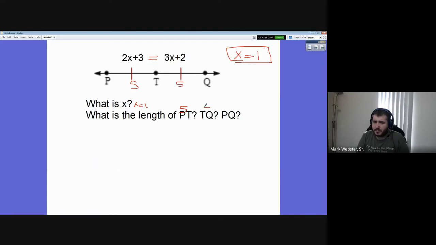Well, that better be, right? If they're congruent, their lengths had better be the same, right? So if this is 5 and this is 5, and we knew they were the same, we should be on the right track. What about PQ? If PT is 5 and TQ is 5, what is all of PQ going to be? 10. That's exactly right. Yeah, y'all got it.